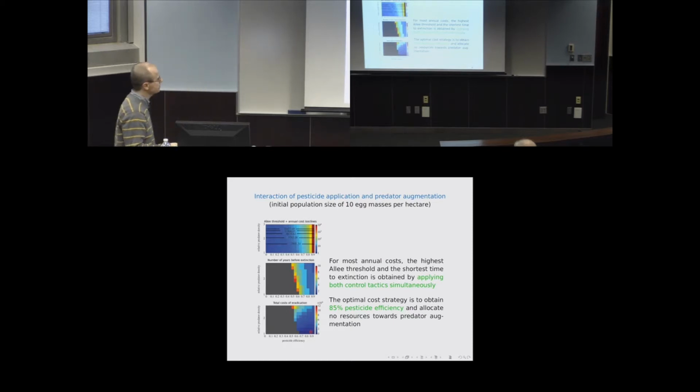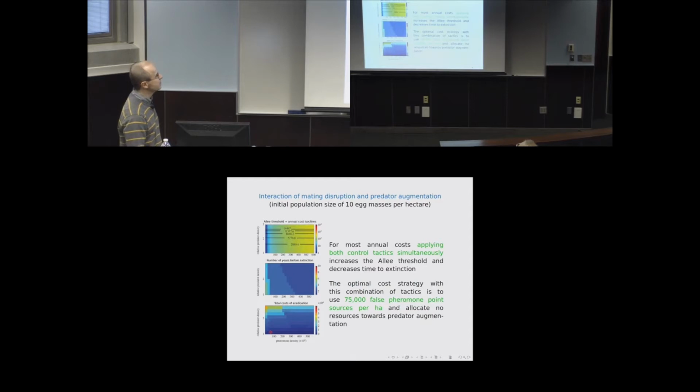And we find here the optimum value of our effort, which in this case is to spray the population of gypsy moth with a pesticide which has 85% efficiency. Then we get the most efficient control of all these controls which we study here.